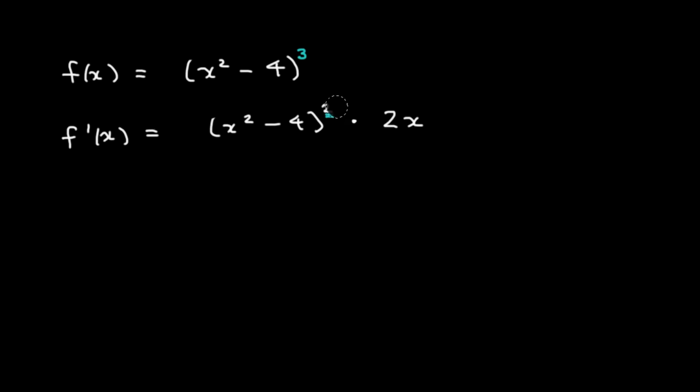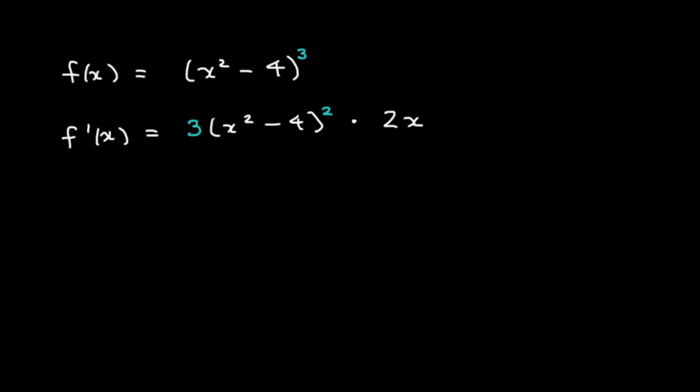So I think I will just rewrite those two numbers in blue to help you recognize that. So with that x squared minus 4 trapped inside this power of 3 function, or cubic function, we just differentiate the cubic function with that x squared minus 4 trapped inside. So the 3 comes down in front. Don't forget to subtract 1 from your existing power.